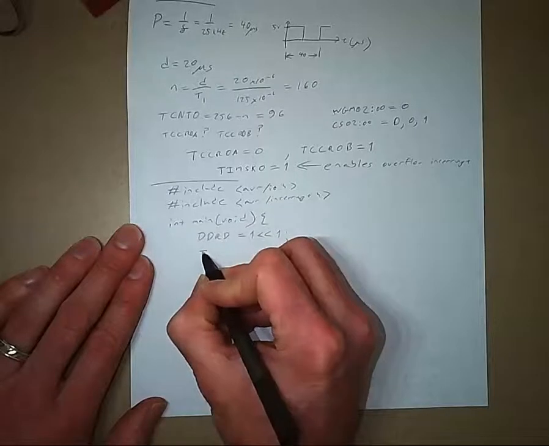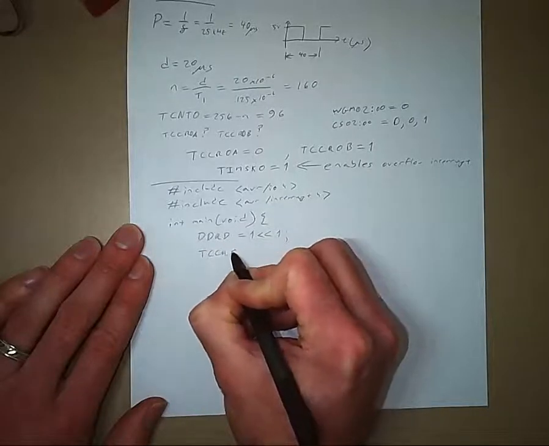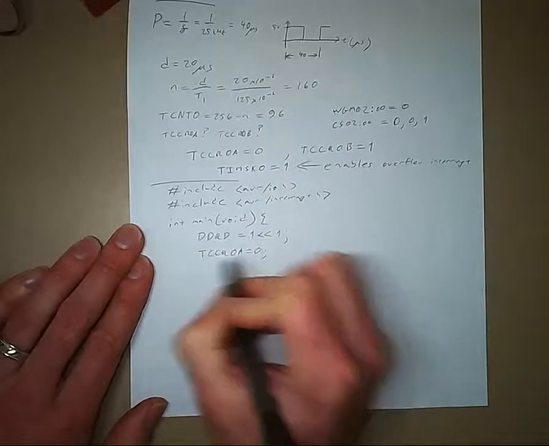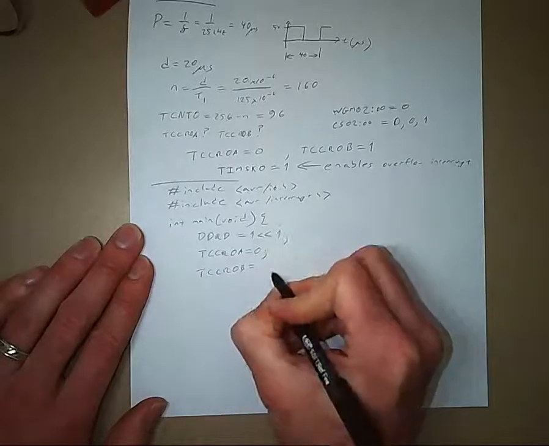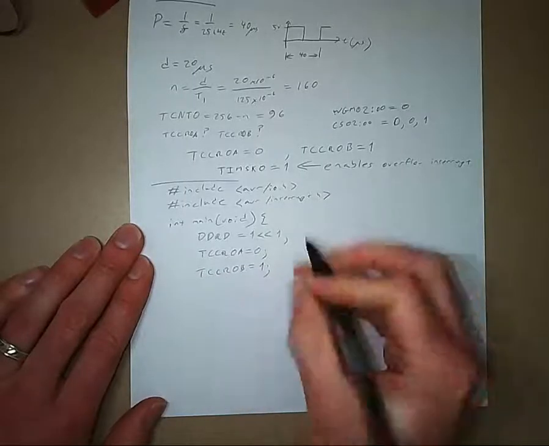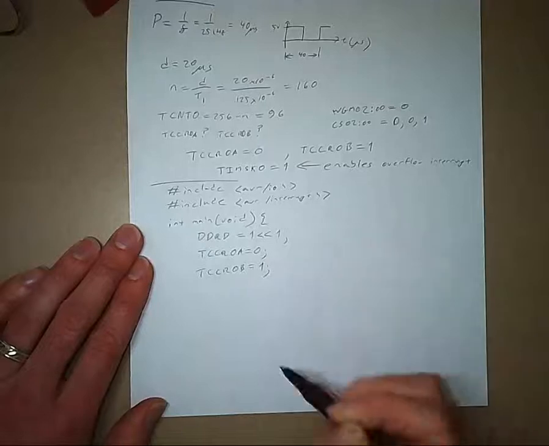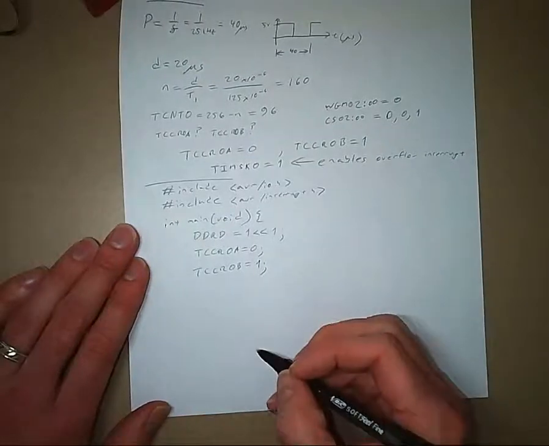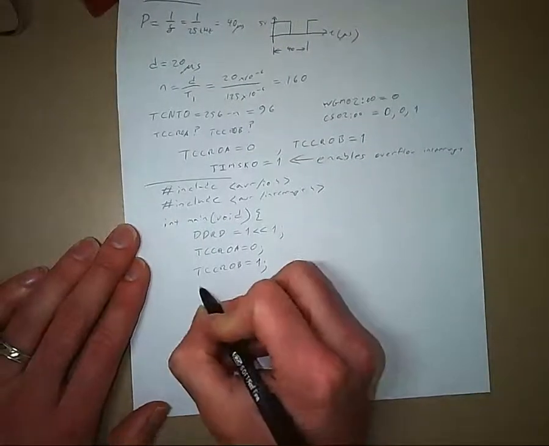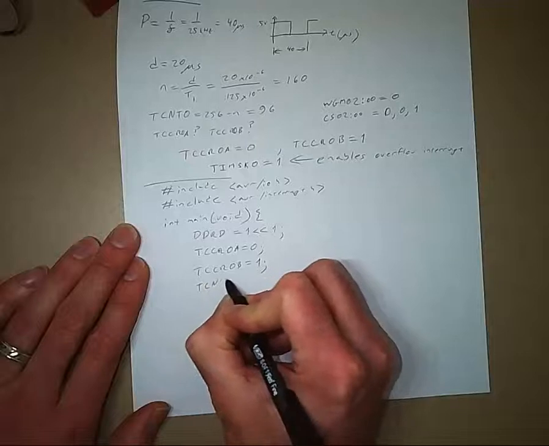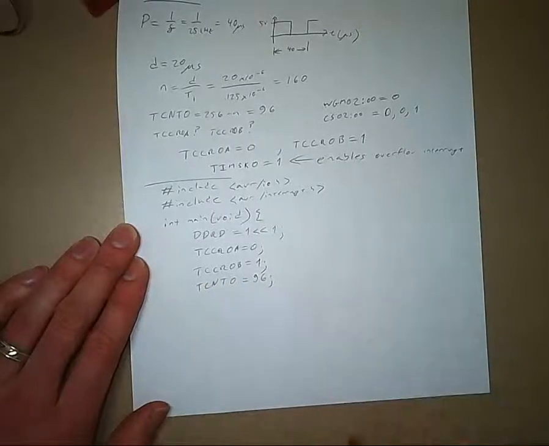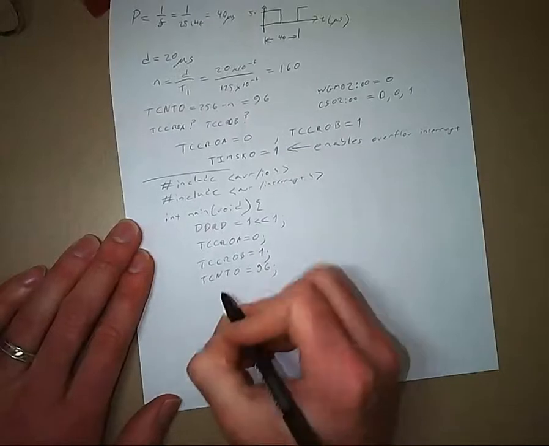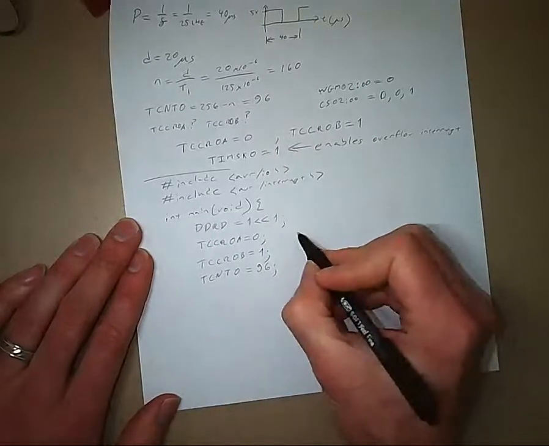And then set up the timer. So now we've got it in normal mode with no prescaler. And preload the counter with our value to give us a 20 microsecond delay.